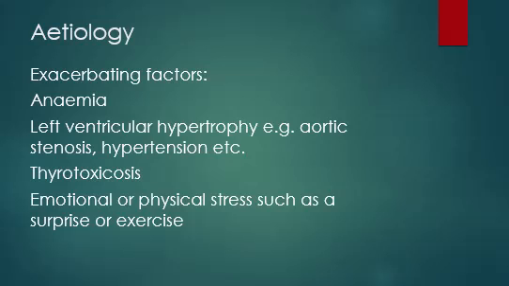Left ventricular hypertrophy causes a couple of things that can exacerbate angina. One of them is that the blood has to travel further to get to the subendocardium in the myocardium, which is the innermost layer of the myocardium, in reference to the ventricles and the atria.